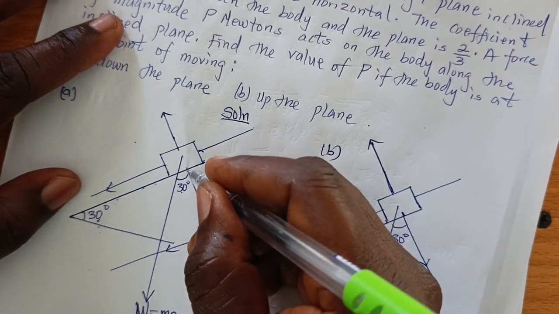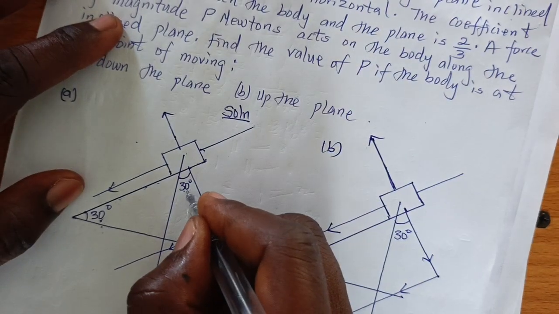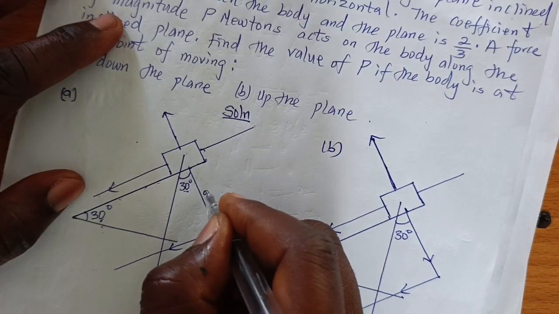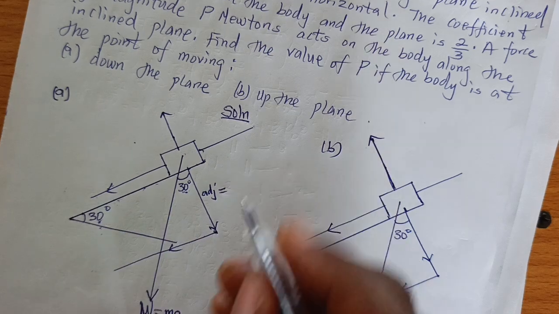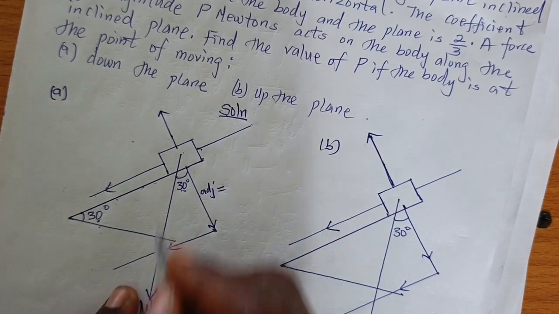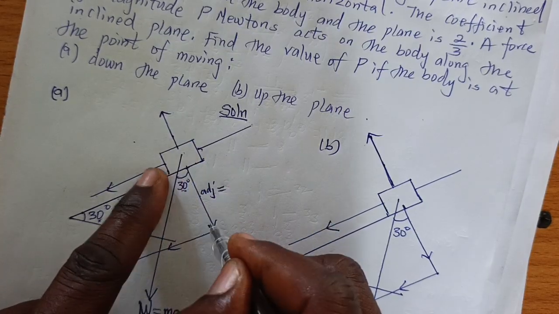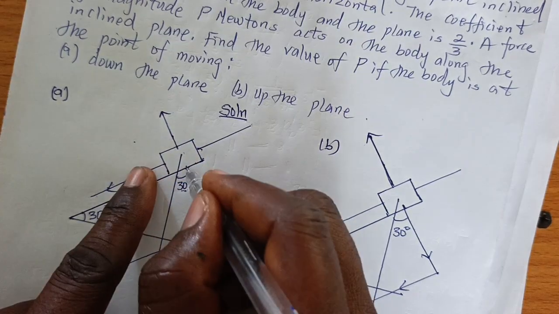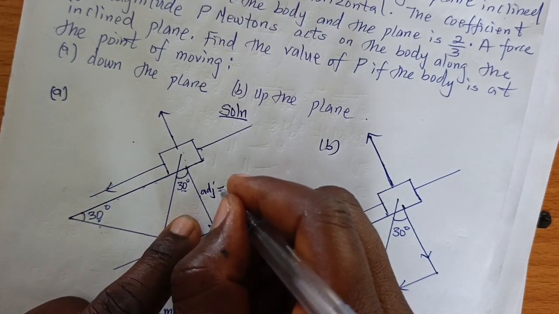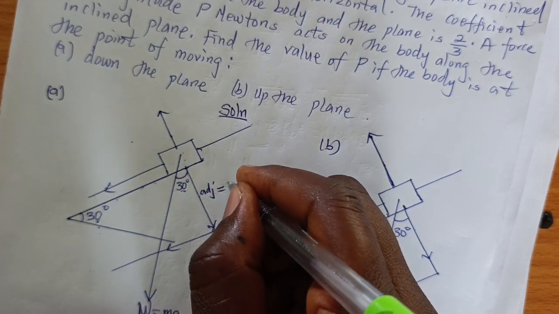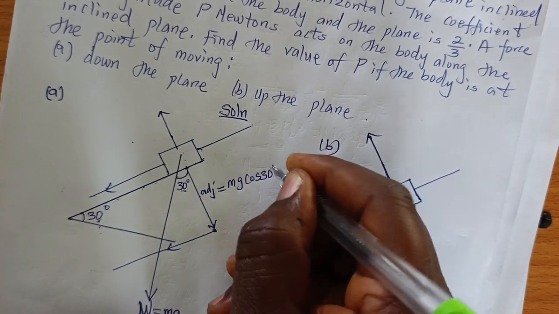Now, the component of the weight perpendicular to the plane. Using this angle, this side is adjacent to the angle, and adjacent is cos, since we have adjacent over hypotenuse. Therefore the component of the weight perpendicular to the plane will be mg cos 30 degrees.